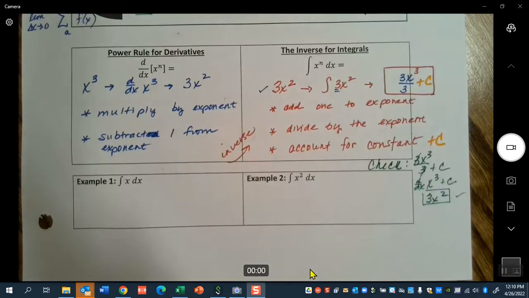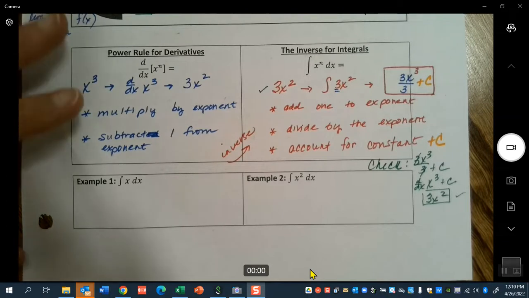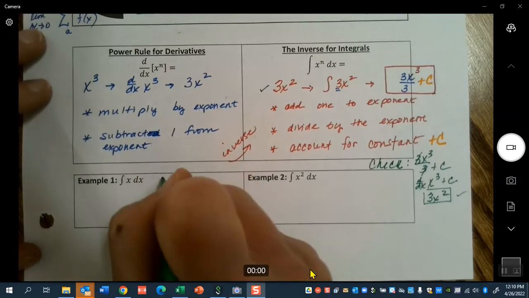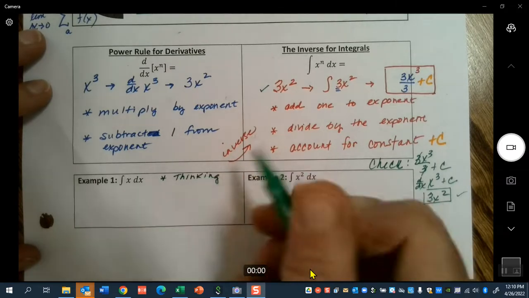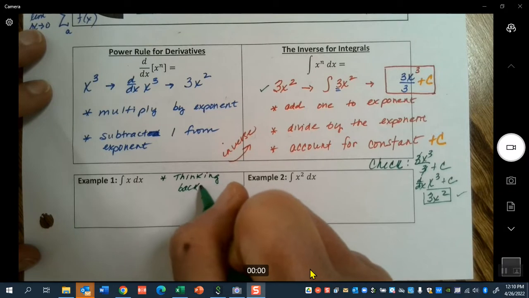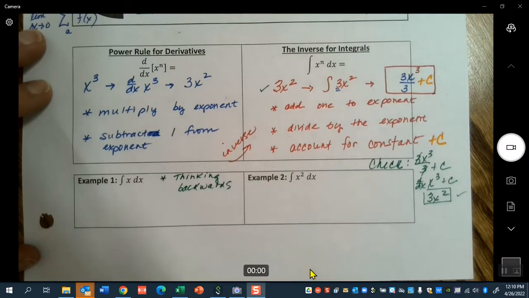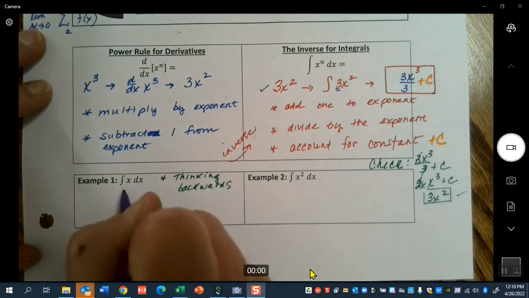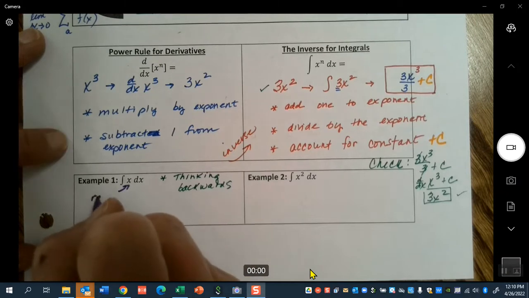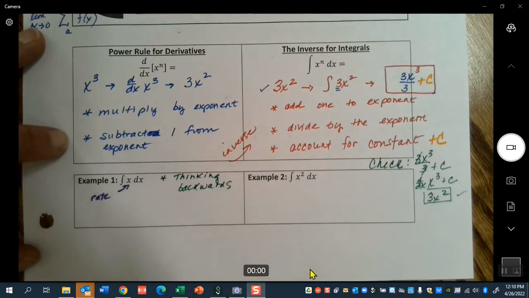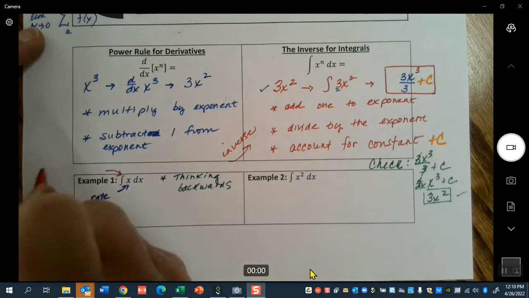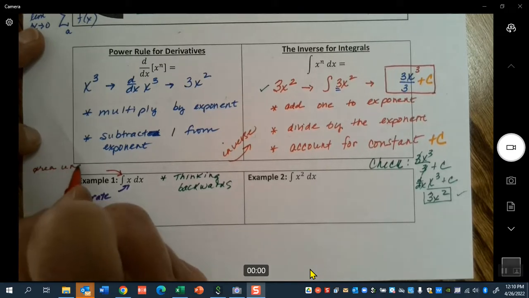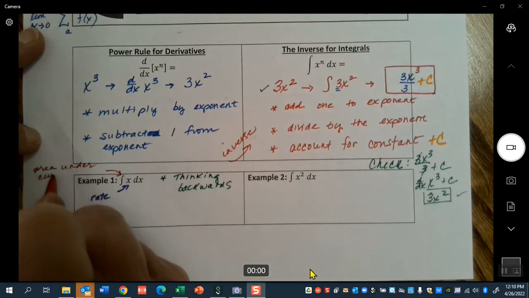So when we look at these examples, you really want to stretch your brain and think backwards. Let's talk about what we have here. This is some kind of rate, and this symbol is asking me to find the area under that curve.